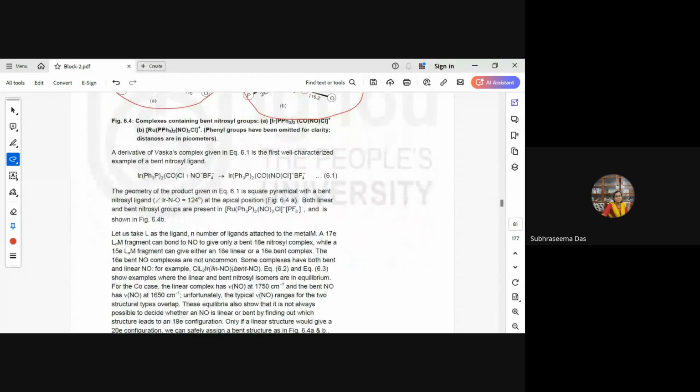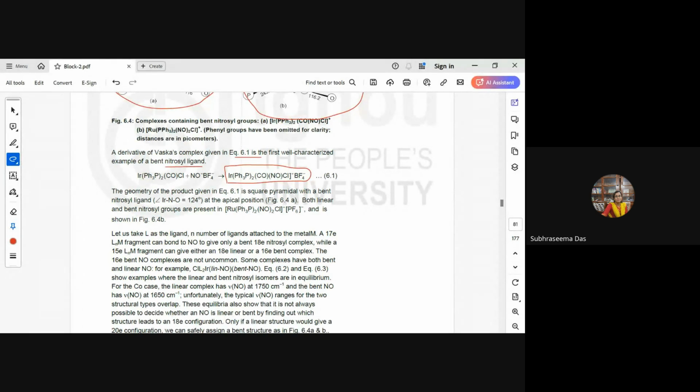Now a derivative of the Vaska complex, given in equation 1, is the first characterized bent nitrosyl ligand. This complex was the first to be known for the bent nitrosyl ligand. The geometry is shown in the figure for this.